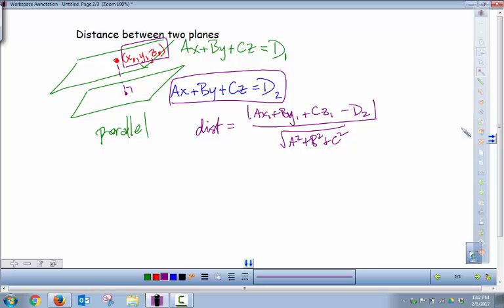All right. Well, let's think about this. X1, Y1, Z1 is on the second plane, right? And this is essentially like taking the dot product of the normal vector and any point on the second plane. Isn't that just D1?